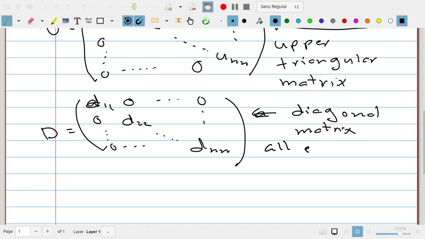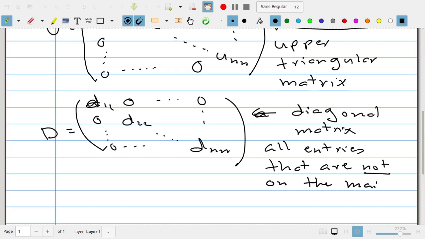All entries that are not on the main diagonal are 0.